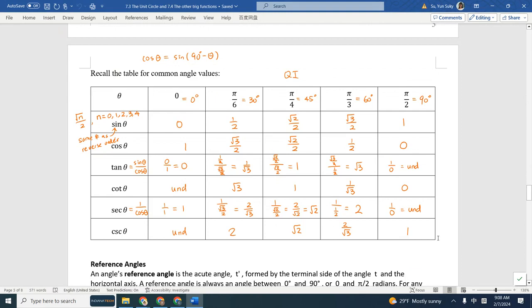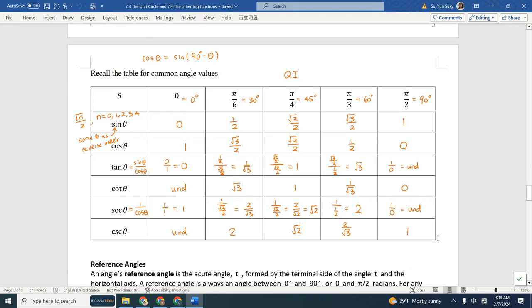Then the third row, tangent is sine over cosine, so you use the first row number over the second row number. And the cotangent has the same numbers as the tangent, but in reverse order. And secant is 1 over cosine.